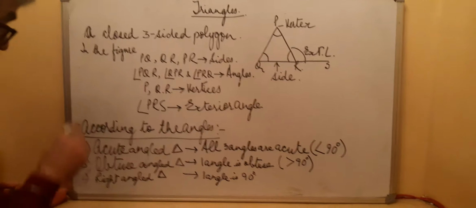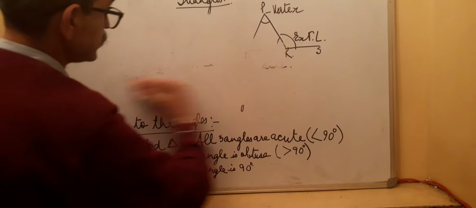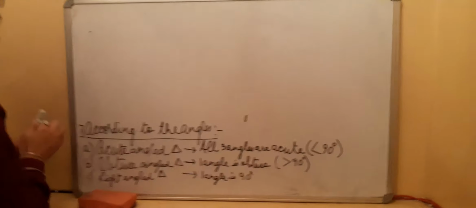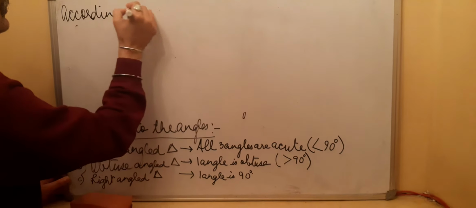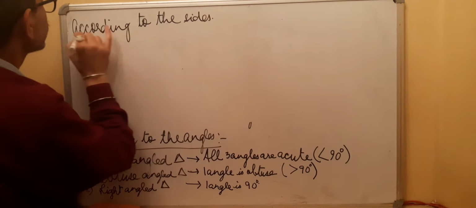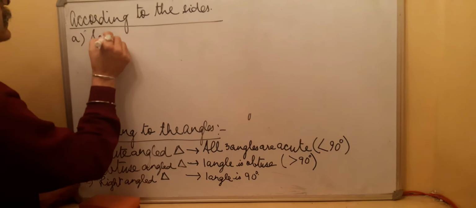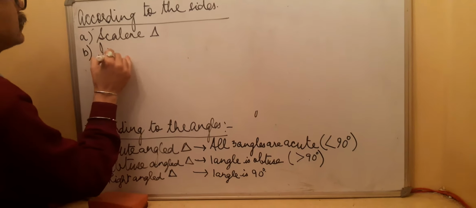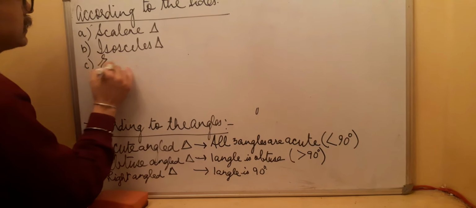Now, we move on to the classification of triangles according to the measure of the sides. According to the measure of the sides, triangles are again of three types: a scalene triangle, isosceles triangle, and an equilateral triangle.